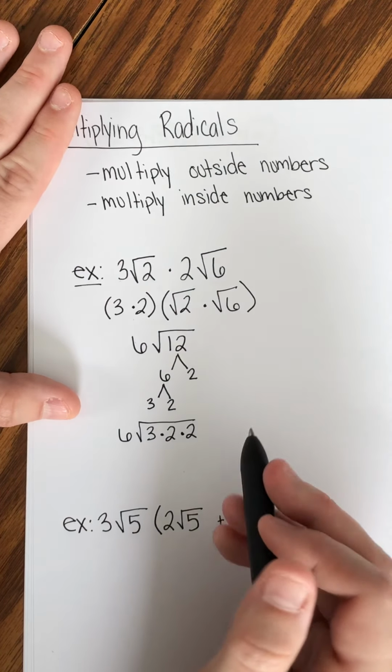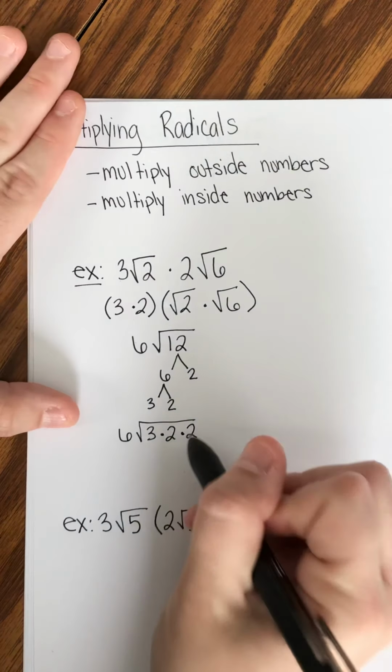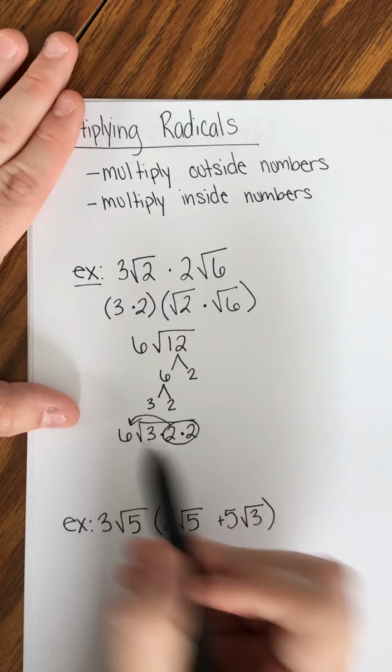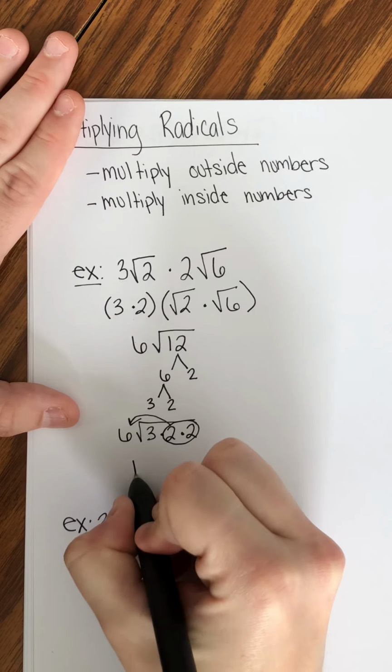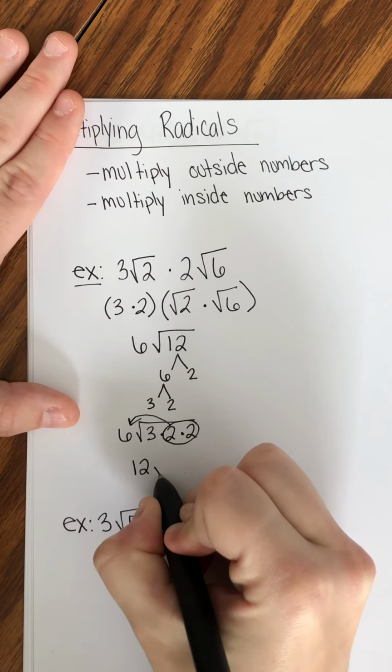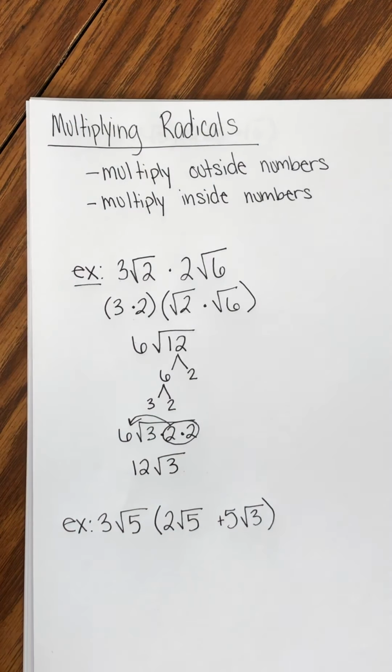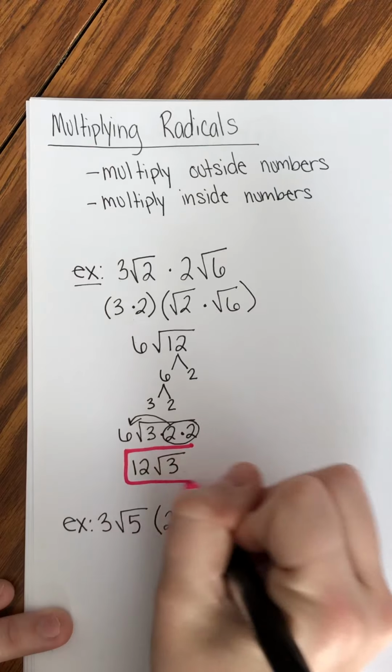Since the 2 repeats, and we're talking about square roots, we're going to take the 2's and put them on the outside and multiply it. So 6 times 2 is 12. And the only number left in the radical is your 3. So that would be your final answer.